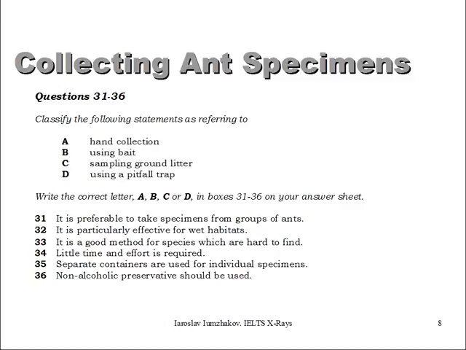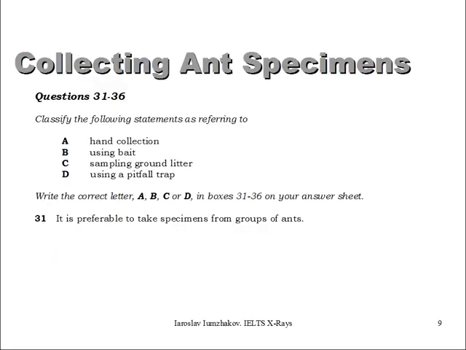Here the title of the text is Collecting and Specimens. That's important. Looking at question 31, for example, it is preferable to take specimens from groups of ants. Can you say which words are the key ones? Well, they are preferable and groups. That's all.